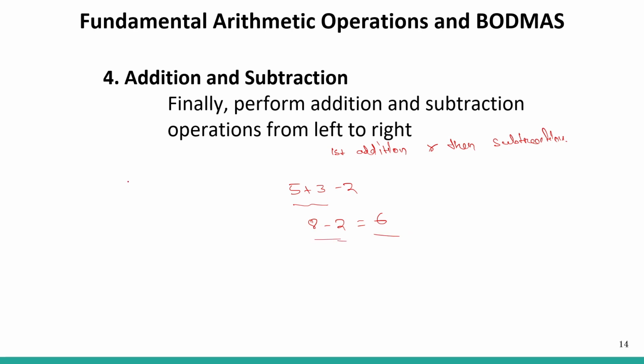Okay, so we are done with B, that is brackets, O for order, exponents or powers, D for division, M for multiplication, A for addition, and then subtraction. So first bracket, search for brackets.